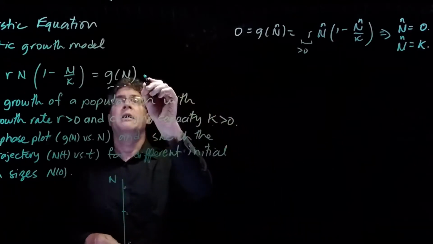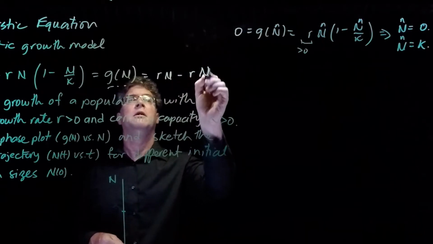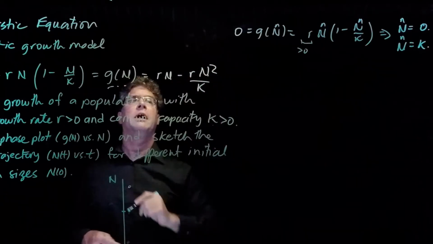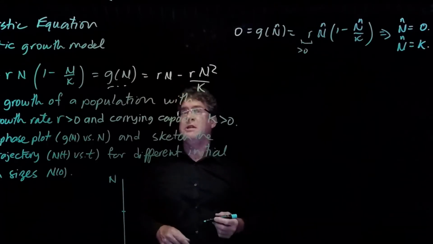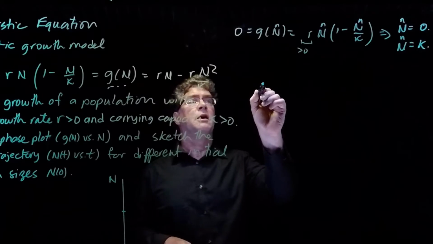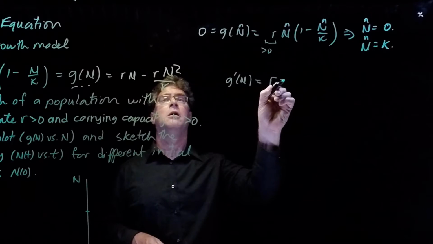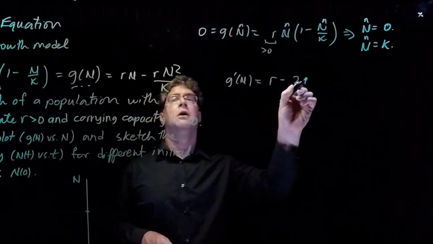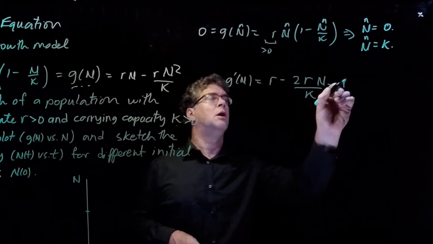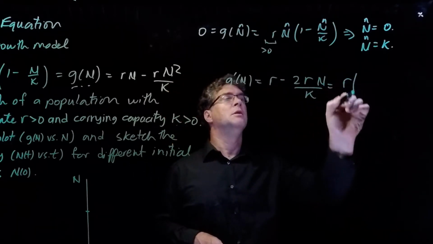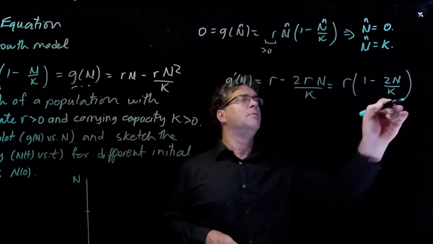We can write g(N) as rN minus rN squared over K. And so if we want to know what the shape of g is, we can calculate the derivative. g prime of N is equal to r minus 2rN over K, which is equal to r times (1 minus 2N over K).